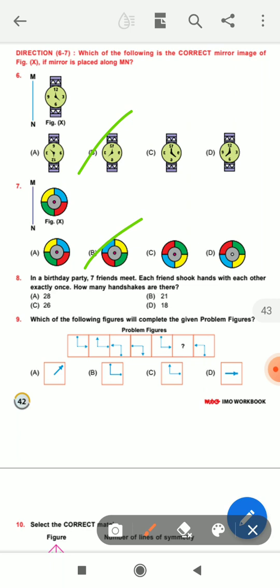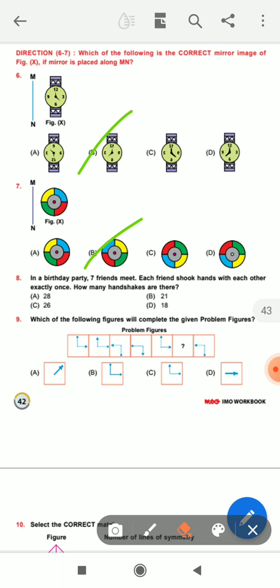Okay, student. Next I discuss question number 8. At a birthday party, 7 friends meet. Each friend shakes hands with each other exactly once.